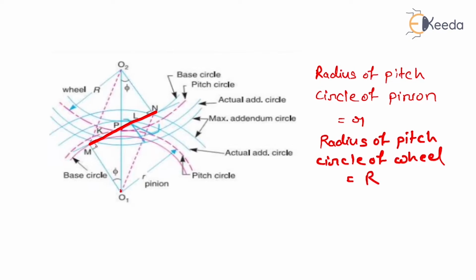The radius of the pitch circle of the wheel is O2P, generally denoted by capital R.